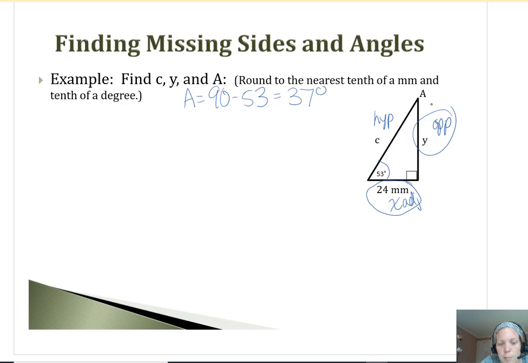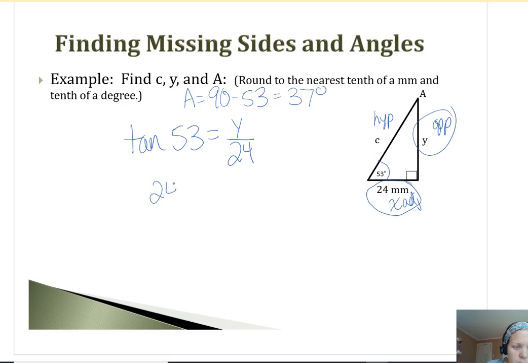If I focus on opposite and I have to use adjacent, then I'm going to use tangent. Tan 53 is opposite over adjacent, so y over 24. So this is situation 1, unknown on top.